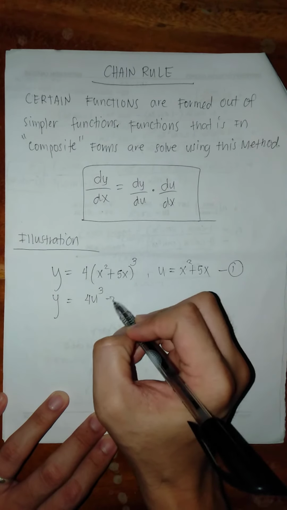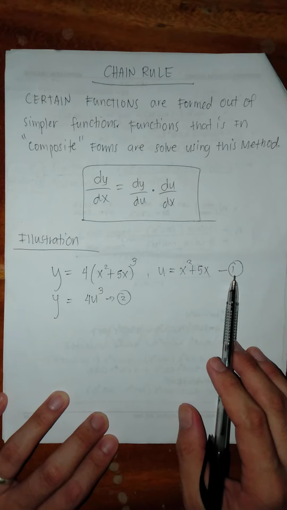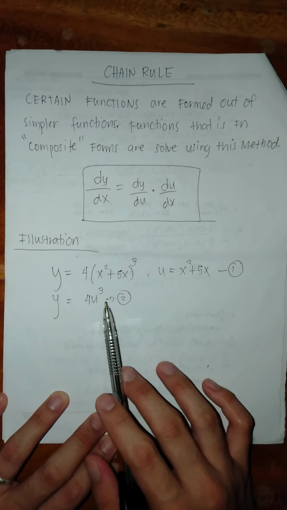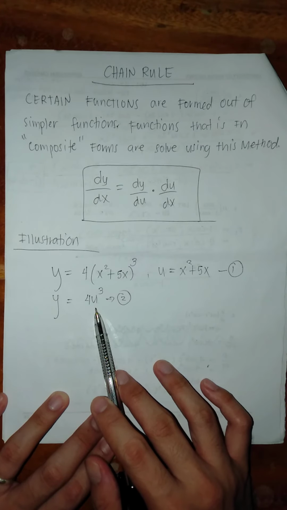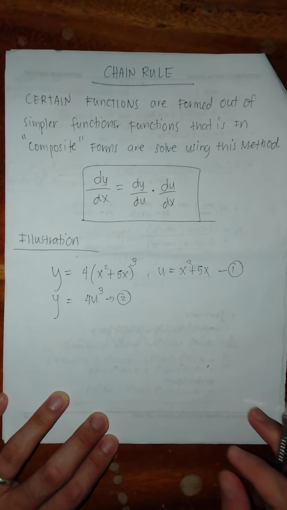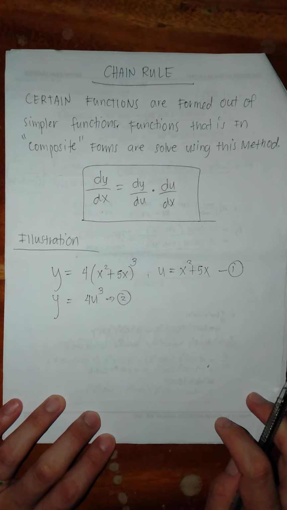And this is now your second function. That's why you have two functions. Etong function na to, nasa loob nun. Since we discuss composite functions, yun yung main definition ng composite function: a function within or inside another function. That's how it illustrates.